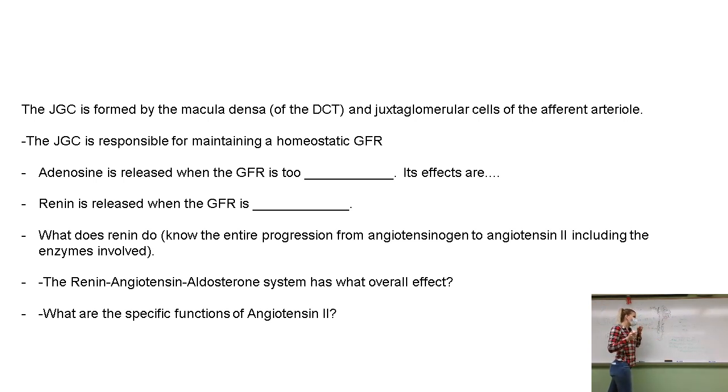No matter what I give you as an effect for angiotensin 2, you can just think about it and say, okay, would this increase blood volume? Would this increase blood pressure? Would this increase GFR? If so, then it's probably an effect of angiotensin 2. If not, then it's not. So if I ask you, does angiotensin 2 cause vasodilation?